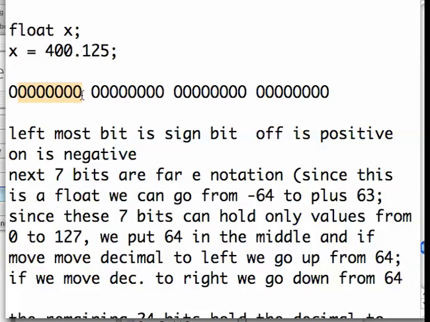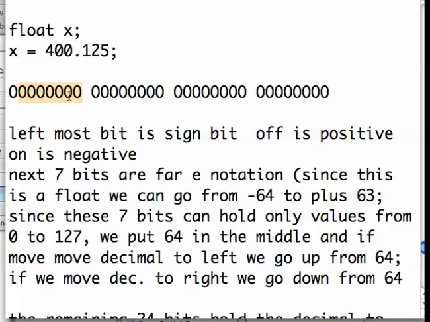That's the range. Now, that being said, we can only store positive values from 0 to 127 in these 7 bits. So what they do is they make 64 the middle point.